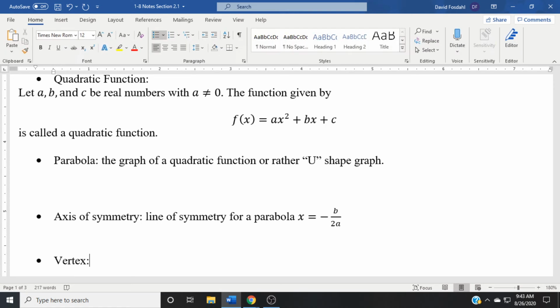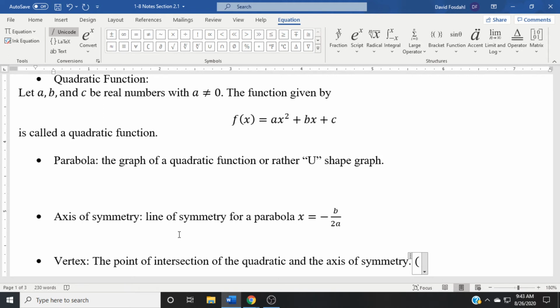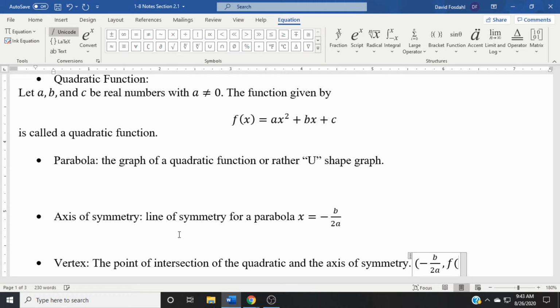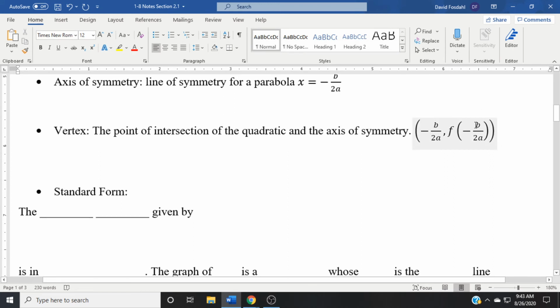A vertex is the point of intersection of the quadratic and the axis of symmetry. It is also the point negative b over 2a, comma, f of negative b over 2a. Okay, so that's our point right there. There will be other ways of defining this, but it's okay.